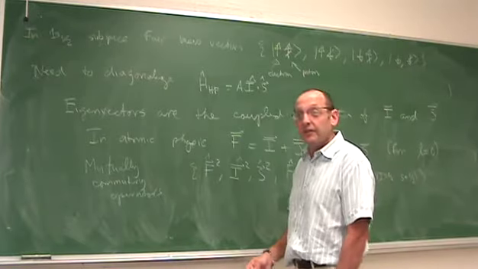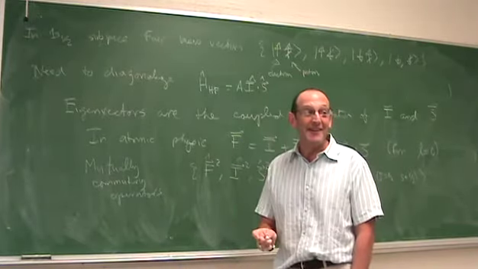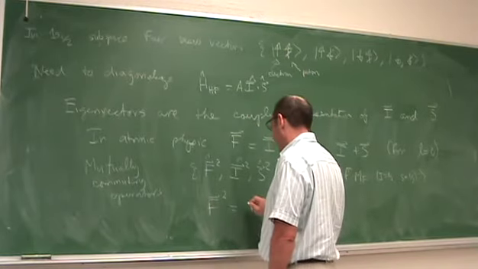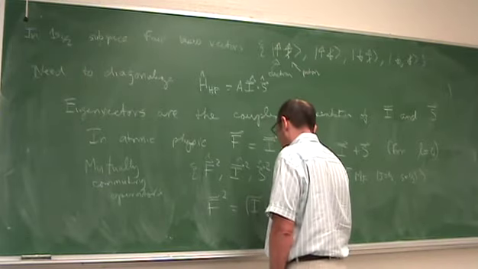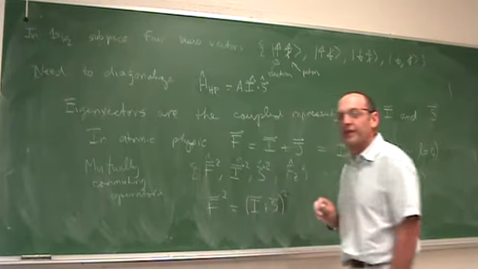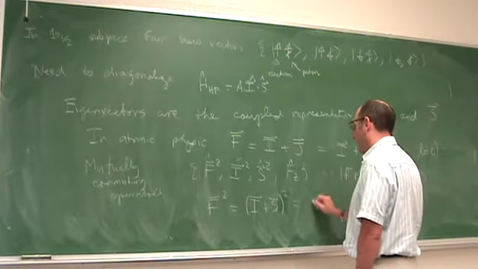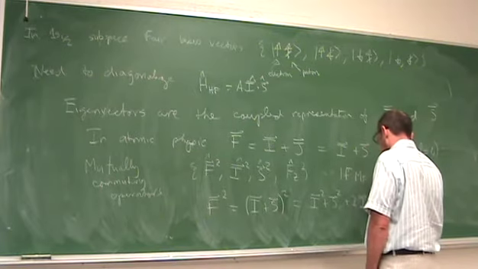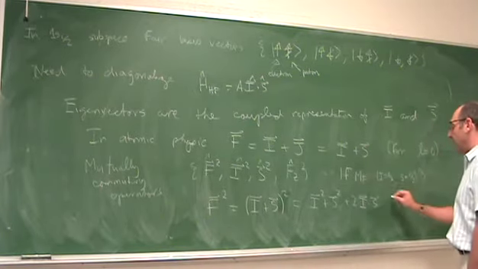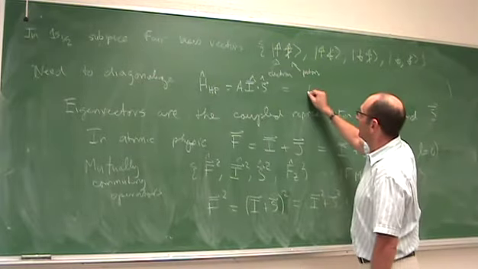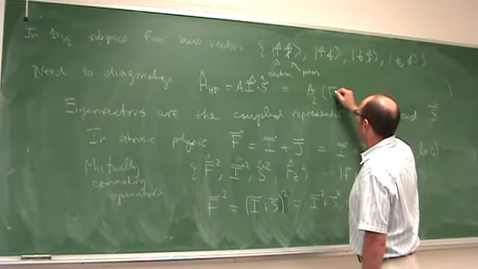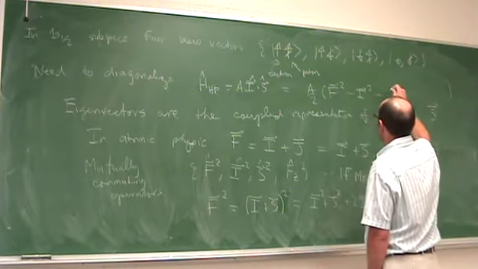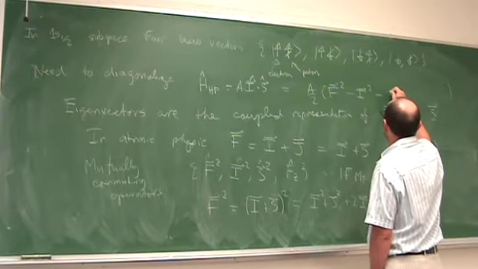What are the eigenvalues? Well, to do that, you do the same trick you always do. You look at F squared. F squared, in the context of the system with L equals 0, is equal to I squared plus S squared plus 2 I dot S. And thus I dot S is equal to a half F squared minus I squared minus S squared.